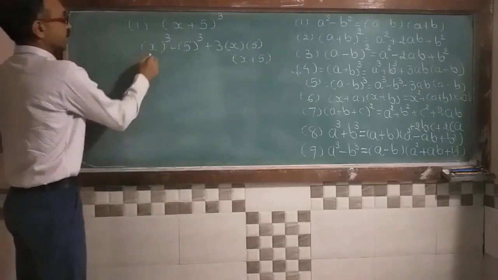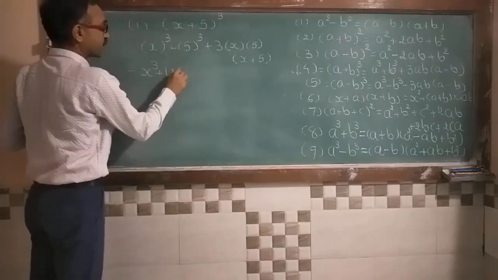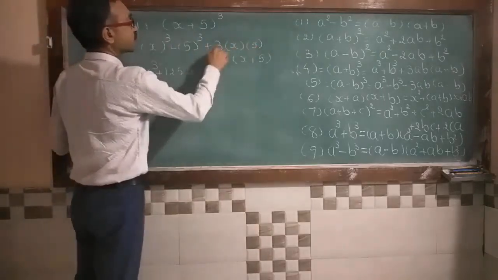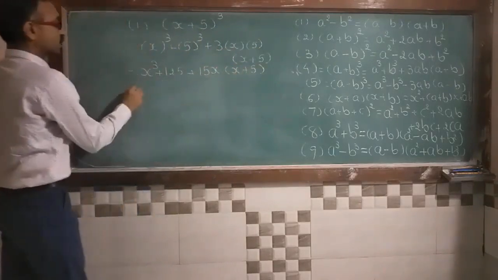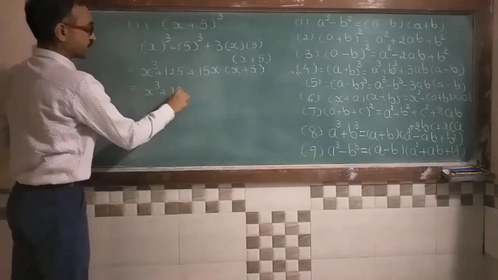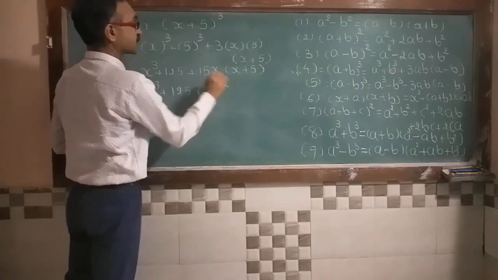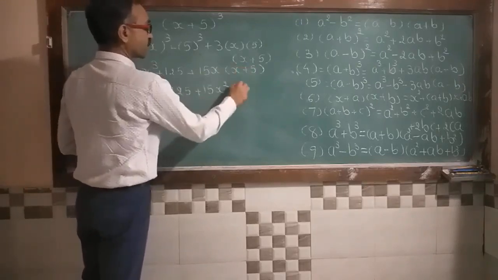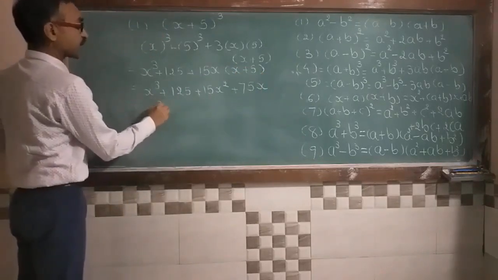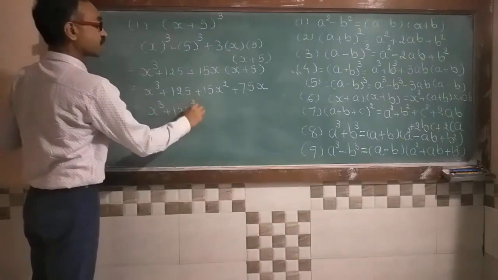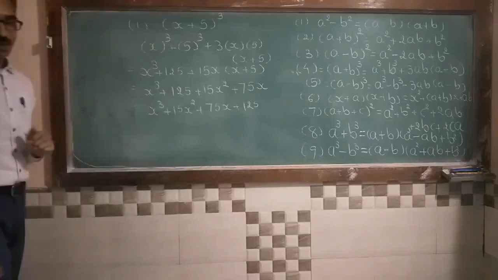Okay, so x cube plus 5 cube, that means 125, plus 5 3s are 15x into x plus 5. So x cube plus 125 plus 15 into x, that is 15x square, plus 15 5s are 75x. So the answer is x cube plus 15x square plus 75x plus 125. Okay.